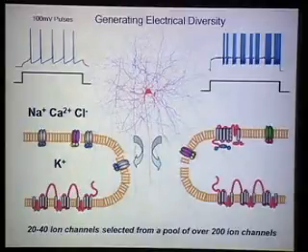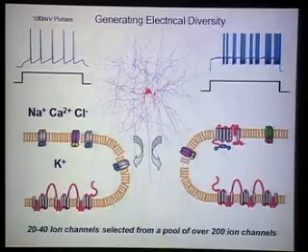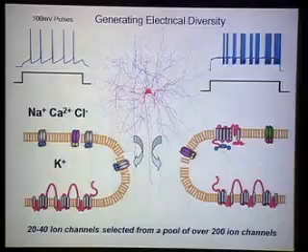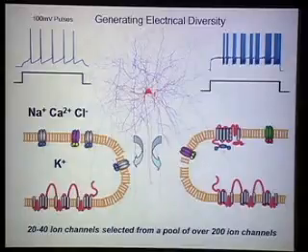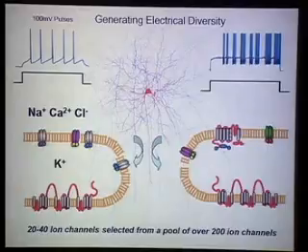They have ion channels for sodium, calcium, chloride, potassium. And in the neocortex, there are about 200 ion channels that they can select from. And if I select 20 of these, I'm going to have a certain behavior. And if I select 20 of those ion channels, I'm going to have a different behavior. So we have to work out now the 200 ion channels. We have to be able to model each one of them. And then we have to know which one corresponds to the different behavior so we can build each of these neurons.